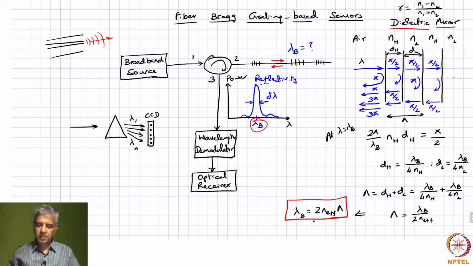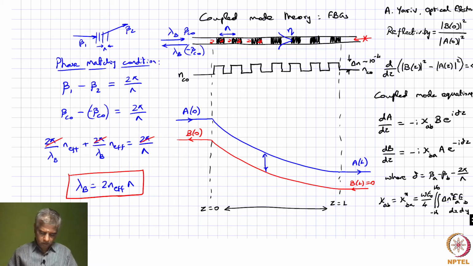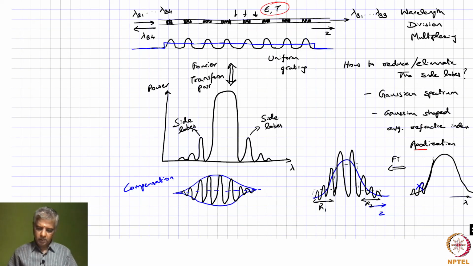And then we said if there is any perturbation that this Bragg grating is exposed to, then there will be a corresponding change in the Bragg wavelength, and that change is what we are trying to pick up to understand the magnitude of the perturbation. So we will go into this in a little more detail in today's lecture.